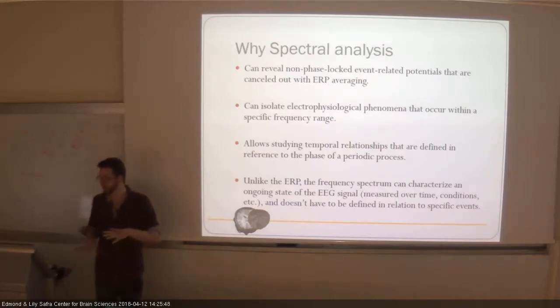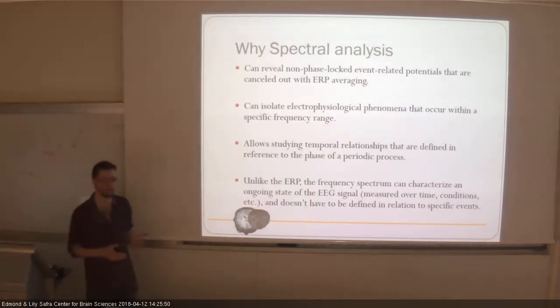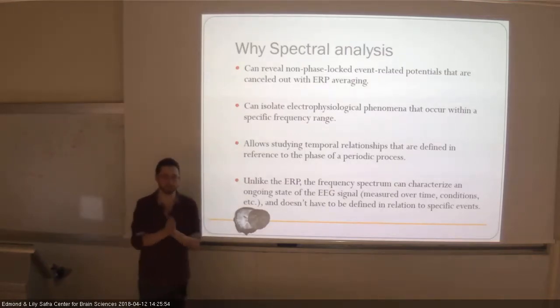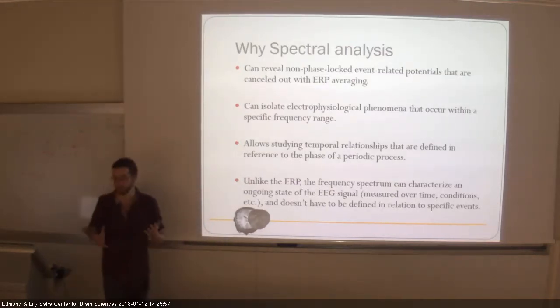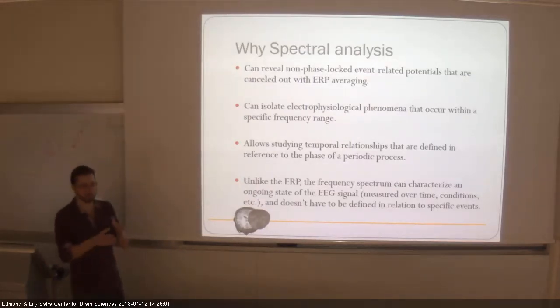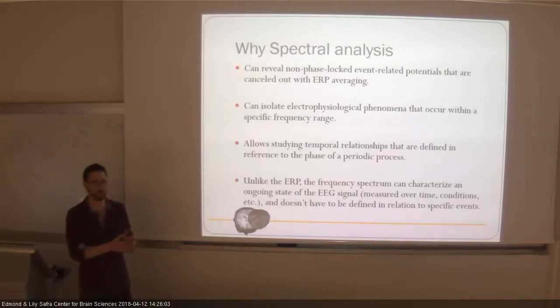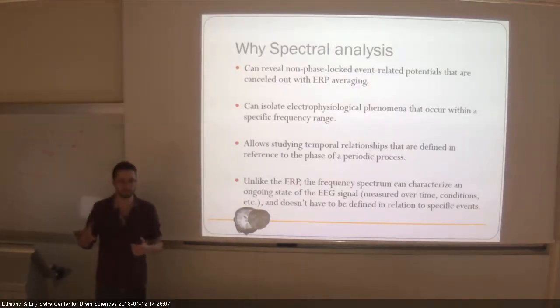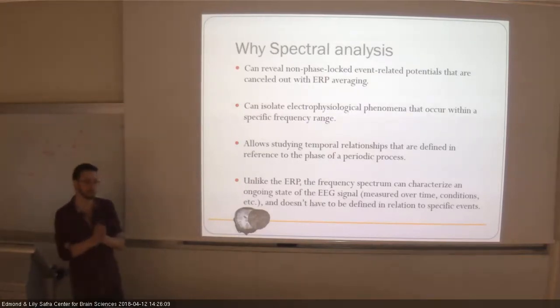This is something that we can't really do with ERP analysis, which is only concerned with a response to a specific event. So I can measure EEG and say, right now there's this amount of power in the alpha frequency band, and then when the person closes their eyes, there's an increase, but it's not locked to a specific event. It's something that's continuous.